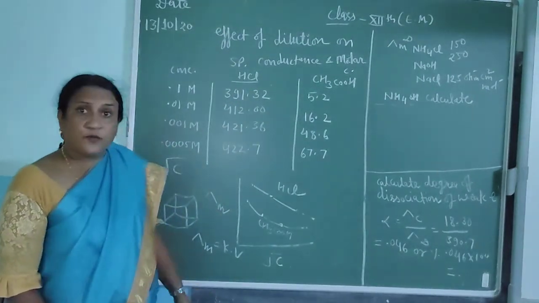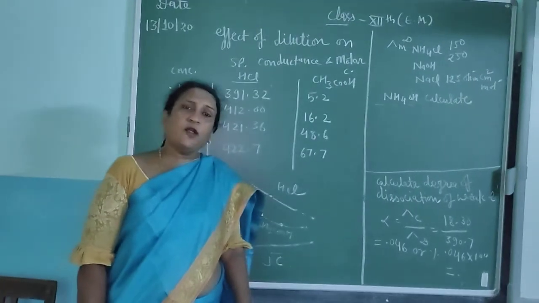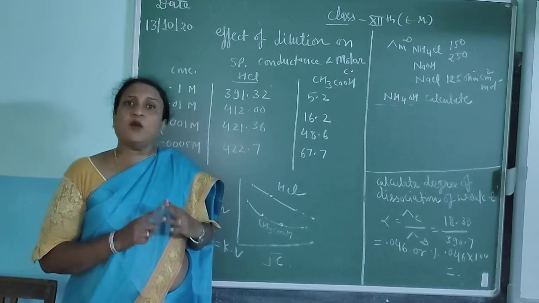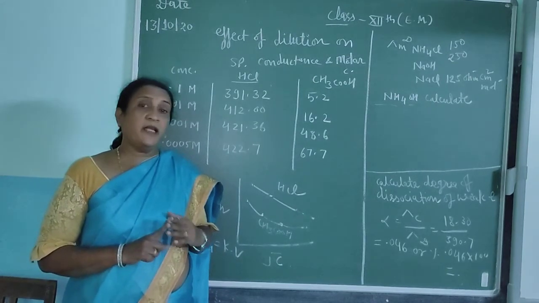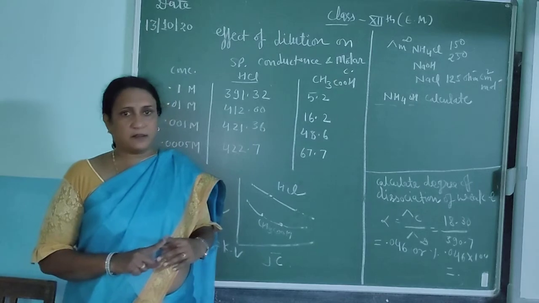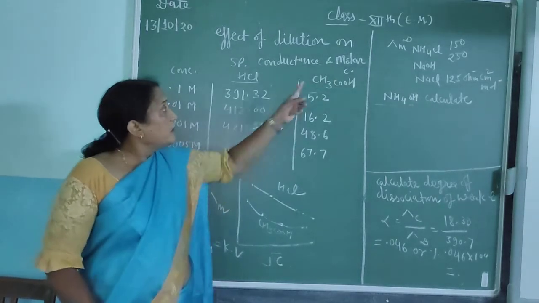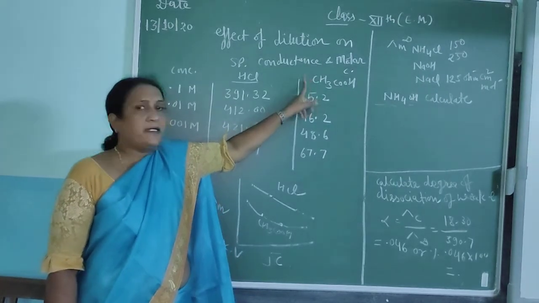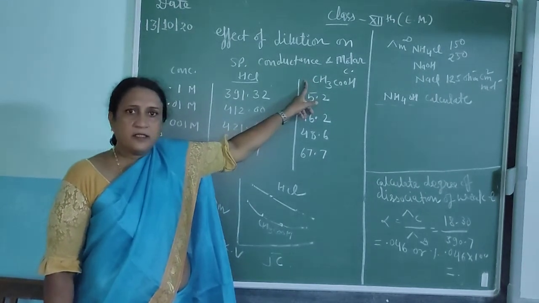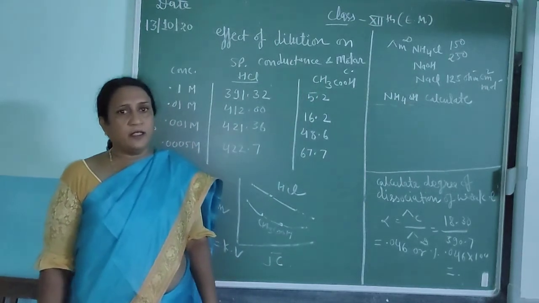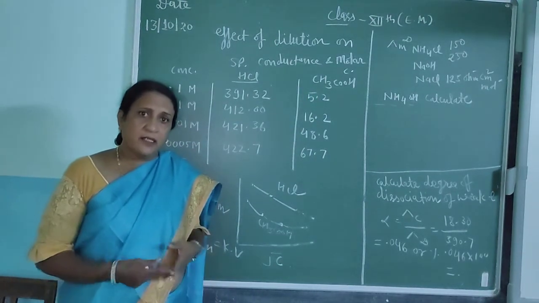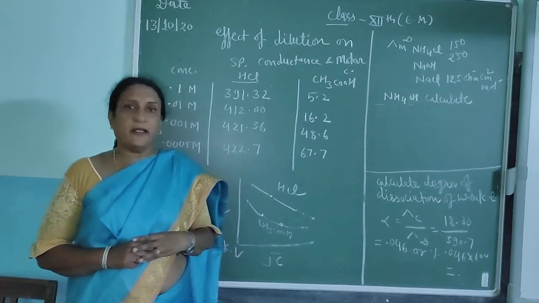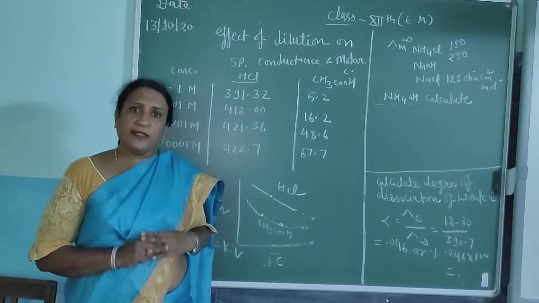Now what about the weak electrolyte? When we talk about weak electrolytes, normally they never give ions in concentrated solution. As I explained in the previous class, when the electrolyte is very weak and the solution is concentrated, they will not dissociate, they form dimer molecules, and because no ions are there, they will not convert into ions and conduction is near about nil.